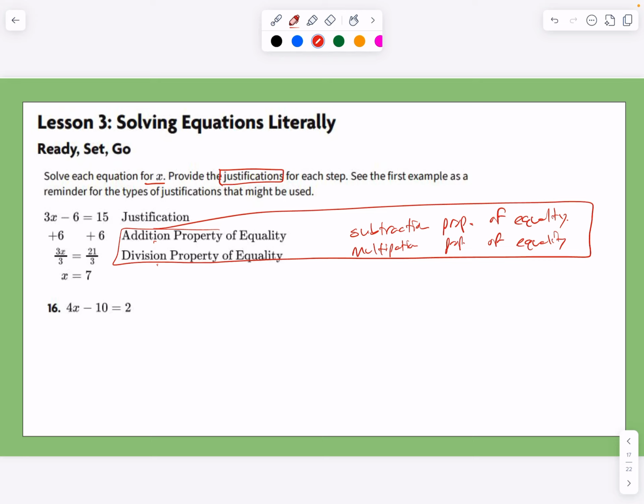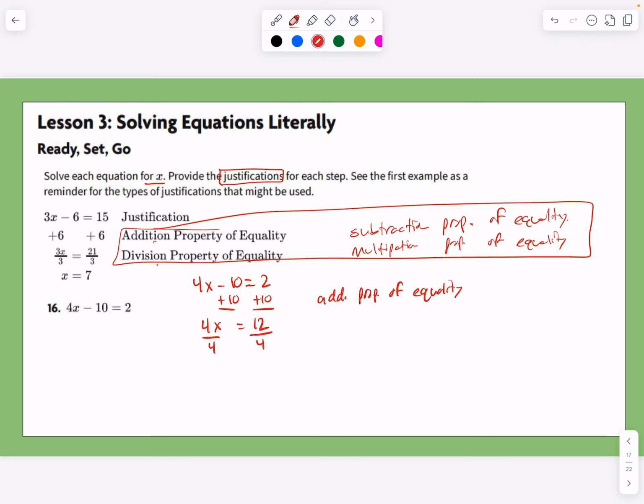So for example, on the first one, if I have 4x minus 10 equals 2, the first thing I would do is add 10 to both sides. Now when I'm doing that, what am I doing? I'm using the addition property of equality right there on that line. So then I do that, and I have 4x equals 12. Now I want to get the x by itself, so I divide both sides by 4.